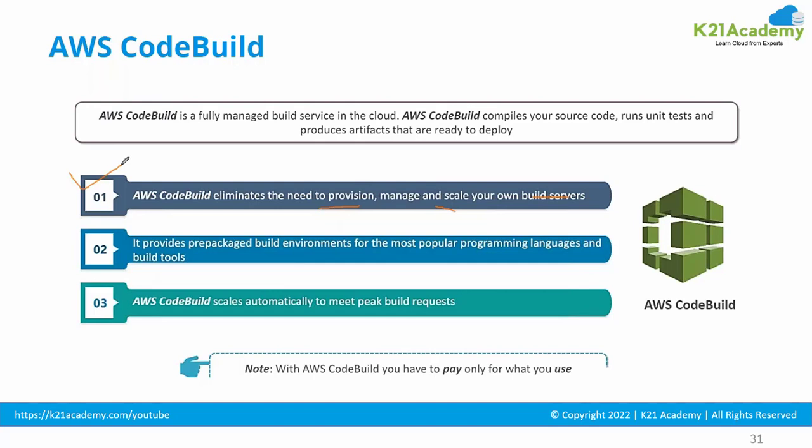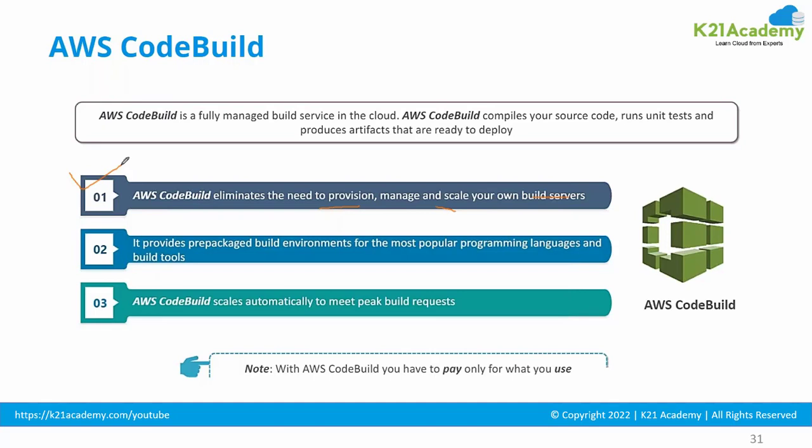Now the problem with Jenkins is that we have to manage the provisioning, managing and scaling of the build servers, due to which most customers run into issues when there is huge demand and when there is less demand. Cost, performance, there are a lot of issues they face with Jenkins.